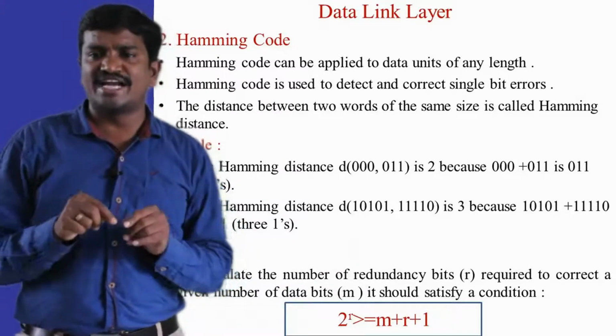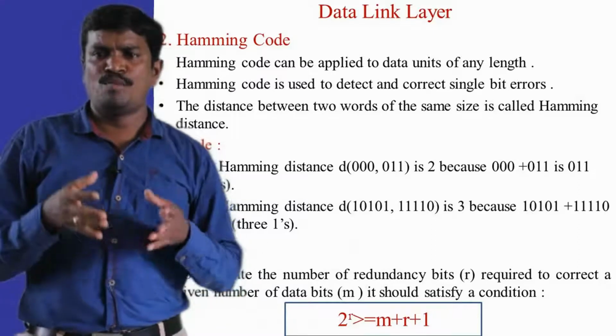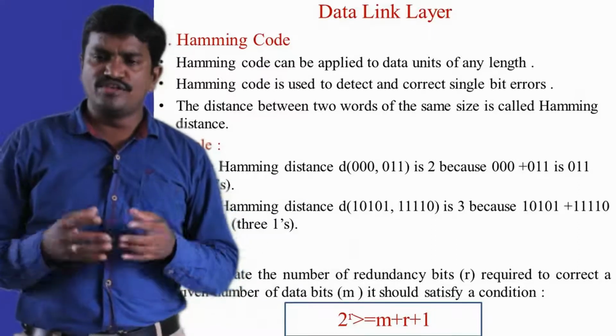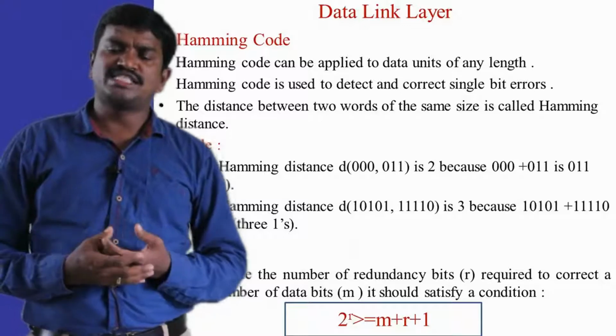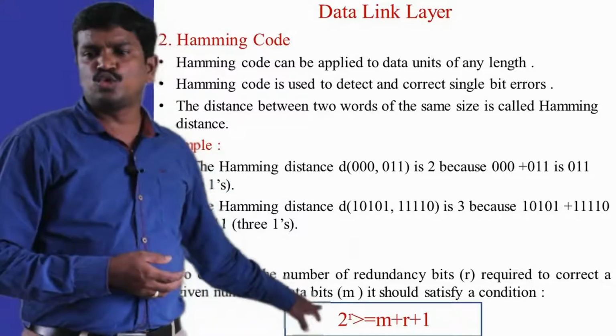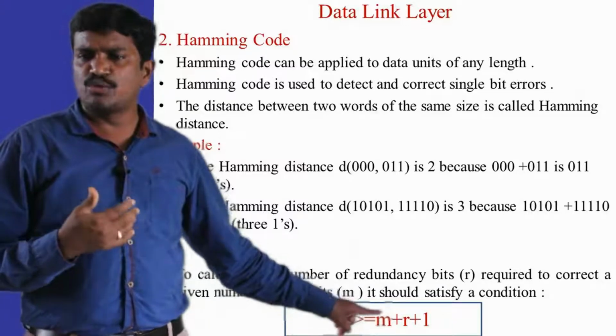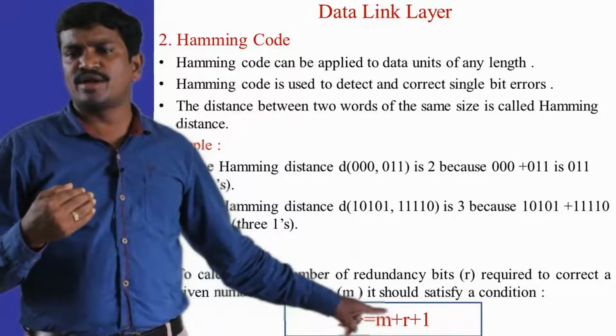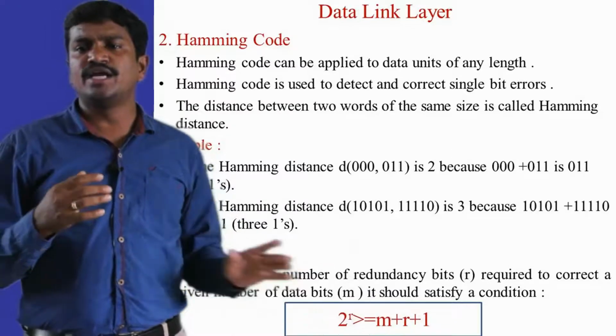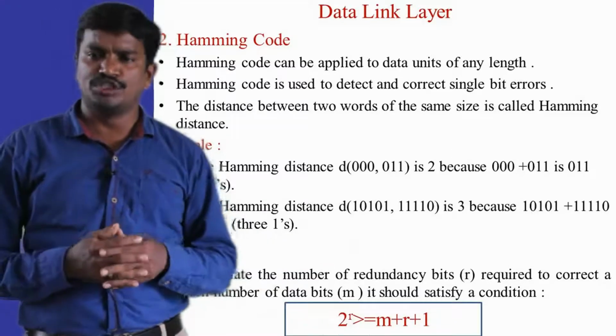If you know the size of the data unit, then by substituting r values, the value for which this equation is satisfied gives the number of redundant bits required in order to maintain this Hamming code logic.